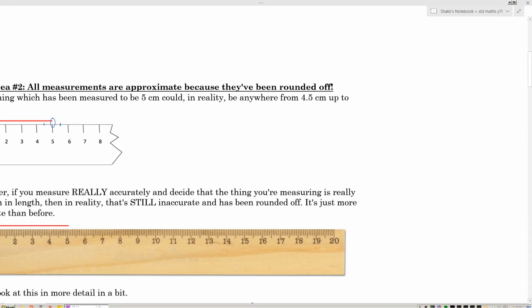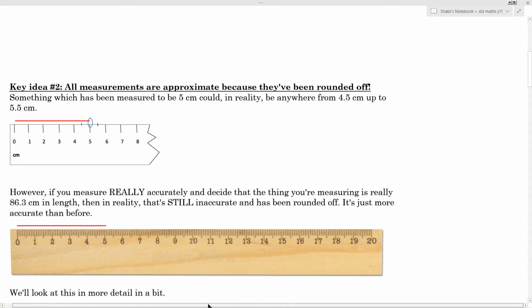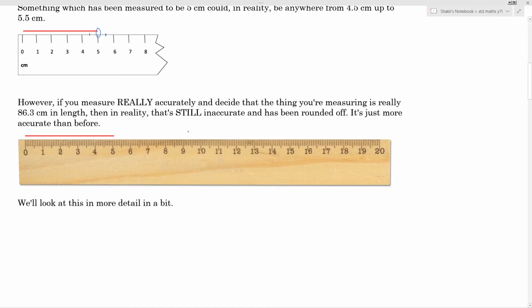Now, you might say, what if I measure very accurately and use a ruler which has millimeters? Well, look at the second example. We say this is going to be around 5.1 centimeters, because it goes up to 5 and then it goes a bit more than that, so we could say roughly 5.1.